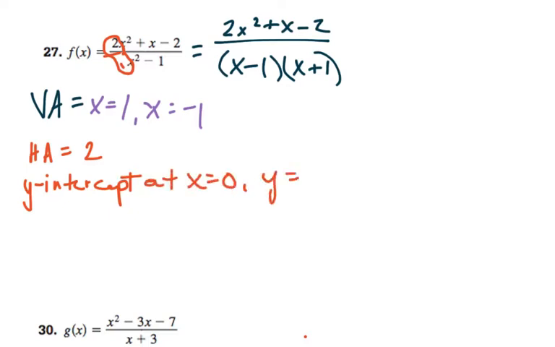So our y ends up being a 0 here, 0 here, 0 here, and so -2 over -1, or just 2. And then the x-intercepts are when the numerator is equal to 0.